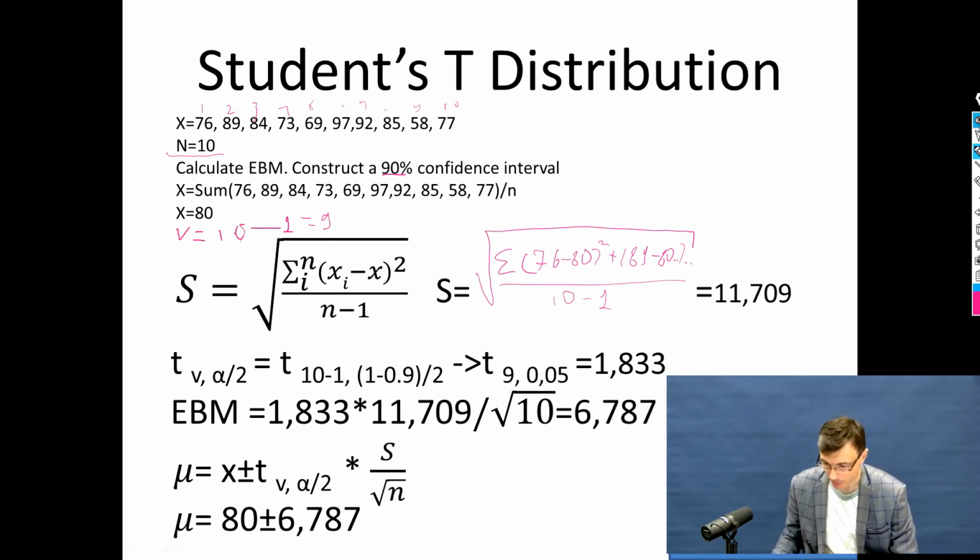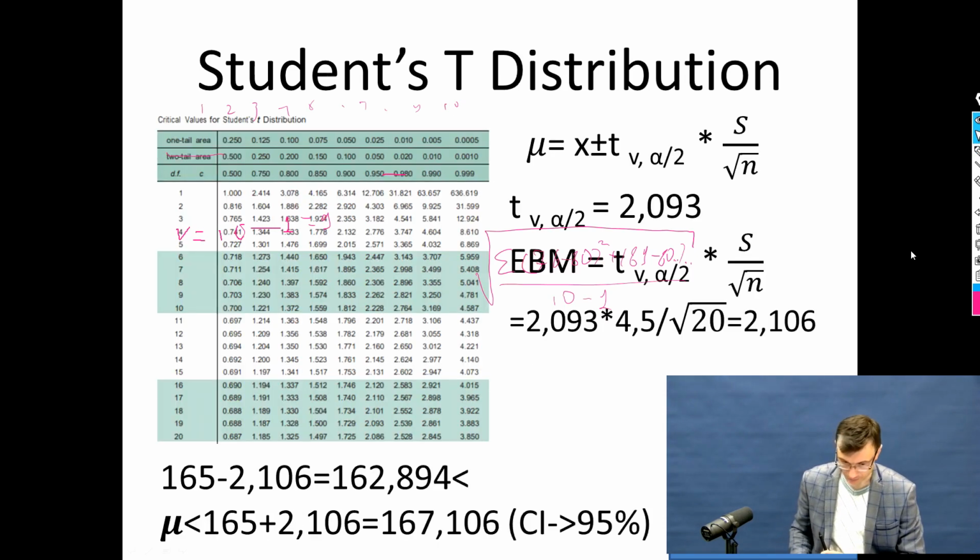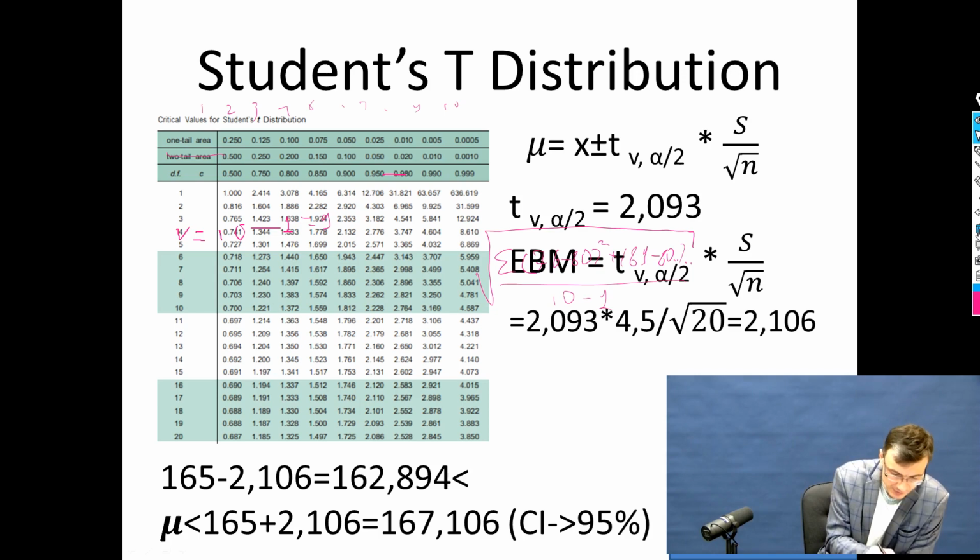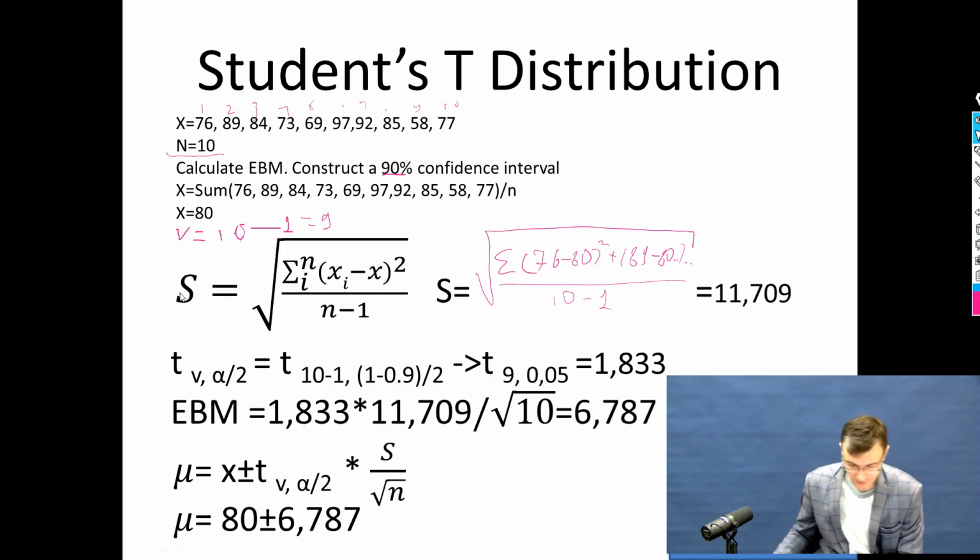So we use the same calculation level and we use it like that. It will be here, sorry.